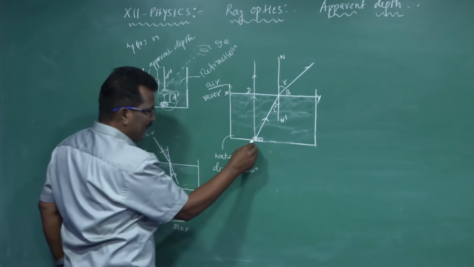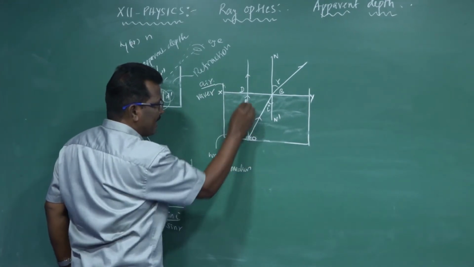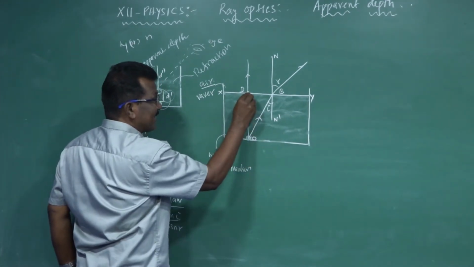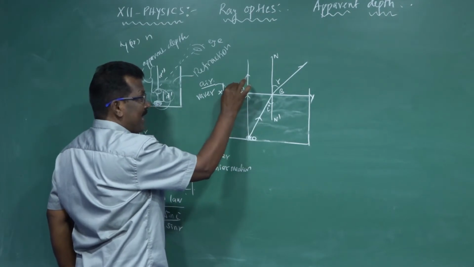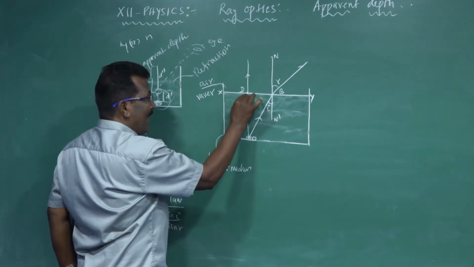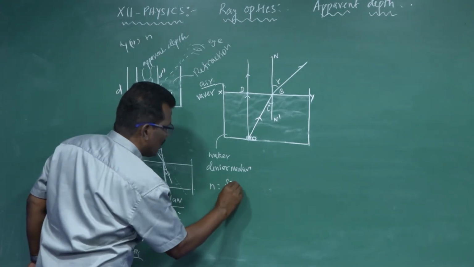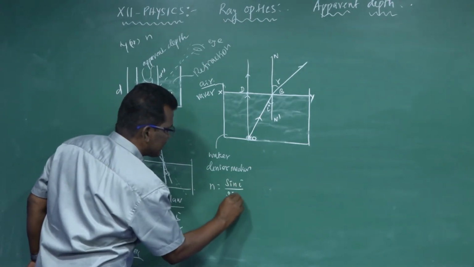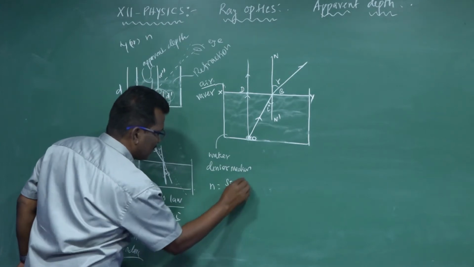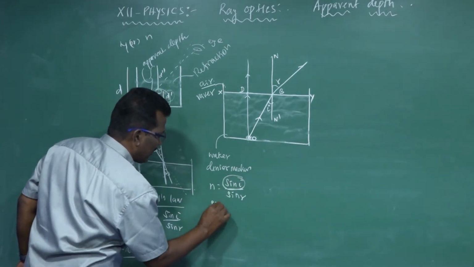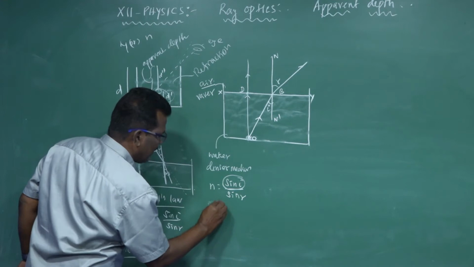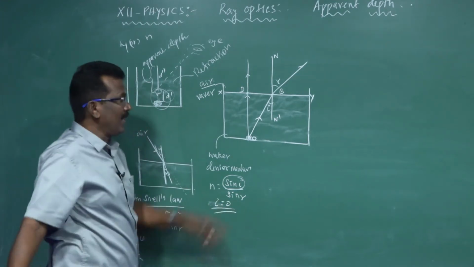If light coming from the source at point O is incident at point D on the surface of the liquid, which separates the rarer medium and the denser medium, the angle of incidence i is equal to 0. So sin i is 0.